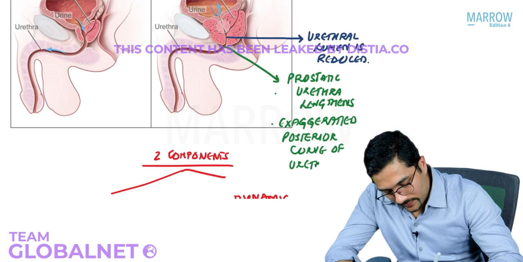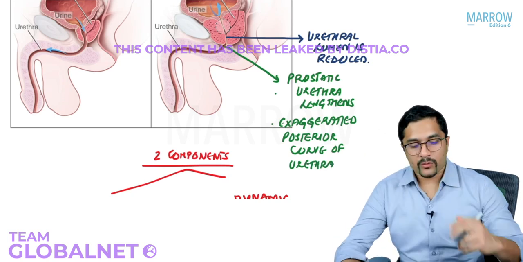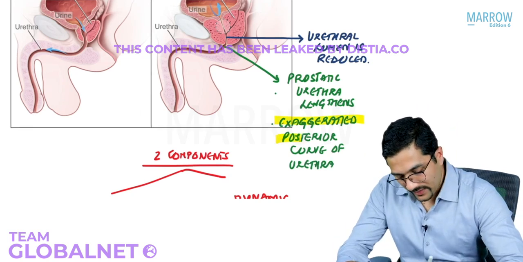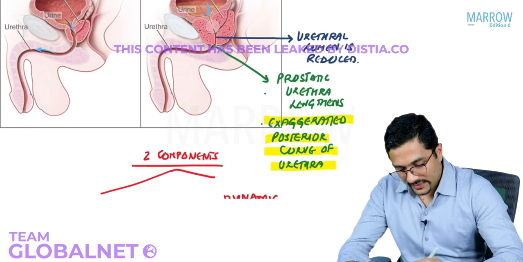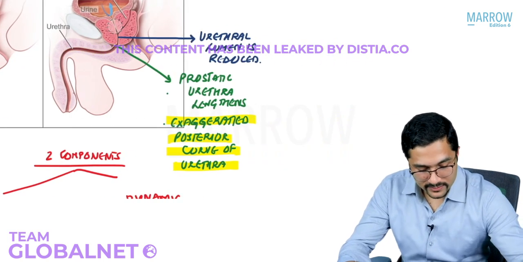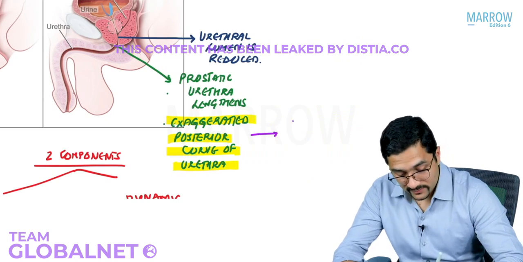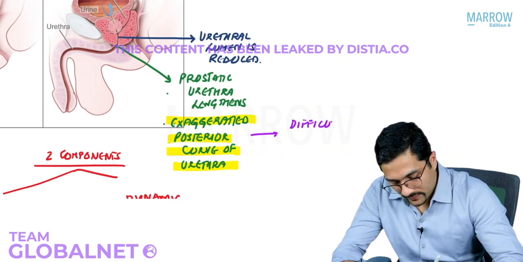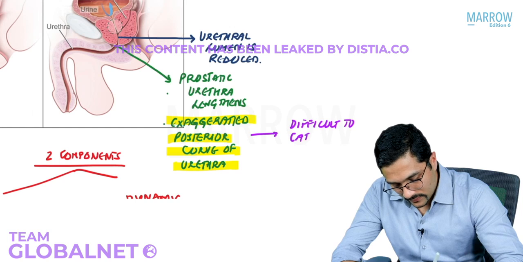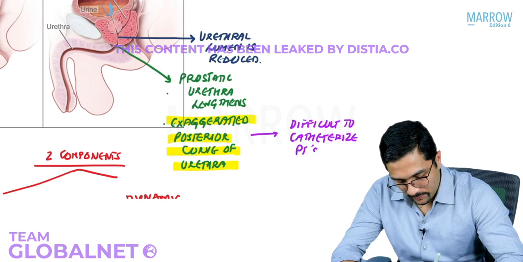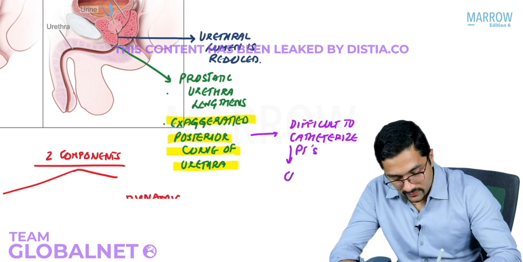So what is the significance? If there is an exaggerated posterior curve of the urethra, the significance is that it becomes difficult to catheterize this patient. It becomes difficult to catheterize patients with BPH, and you need a curved catheter.